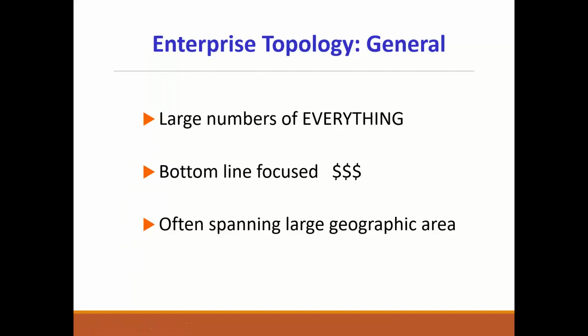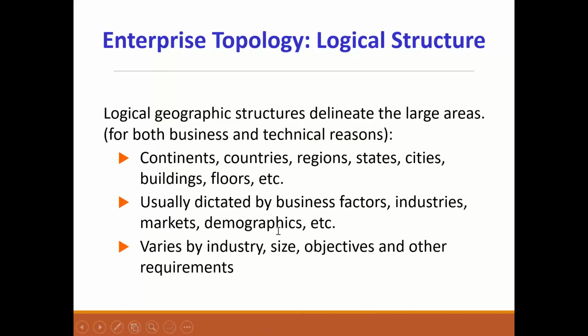So let's go ahead and get started with profiling the large organizations that we all work for. We have large numbers of everything. We're very focused on dollars. We usually span large geographic areas. Go ahead, Nalini. I'm going to try to zip through this stuff pretty quick, because I think we all know who we are and what we're like and how messed up we are.